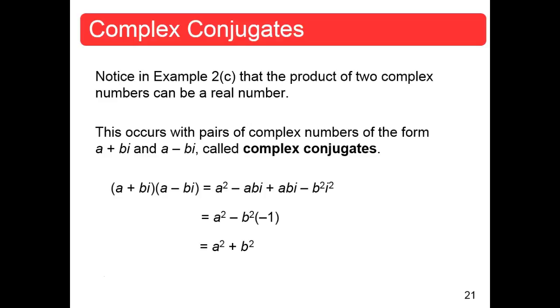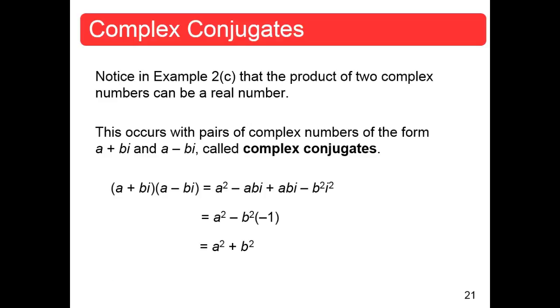And what happens every time when you do this, and this time we're doing it not with numbers, but with letters that represent numbers? You're FOILing: a squared, outer minus abi, inner plus abi. There go your i's, except for the last, and the last is minus b squared times i squared. But guess what? i squared is negative 1, so that makes it a squared plus b squared.